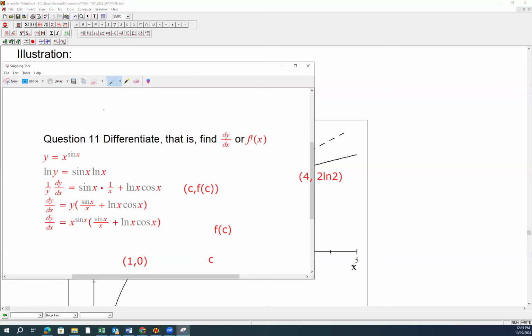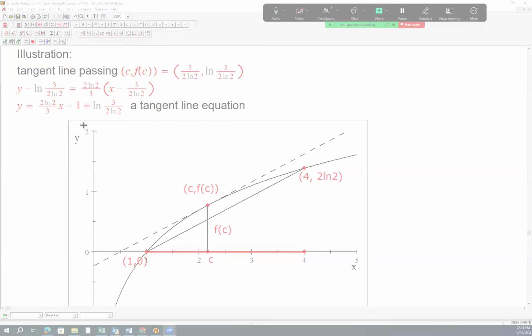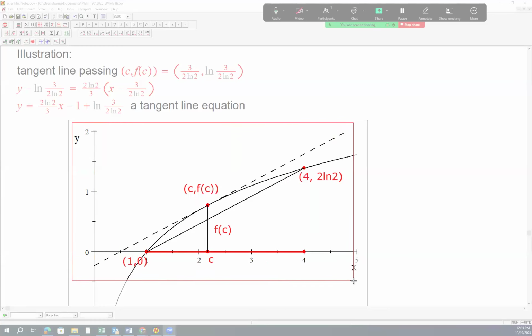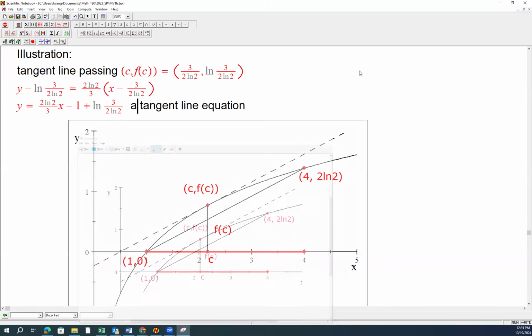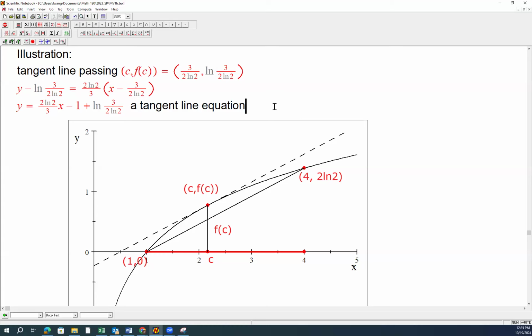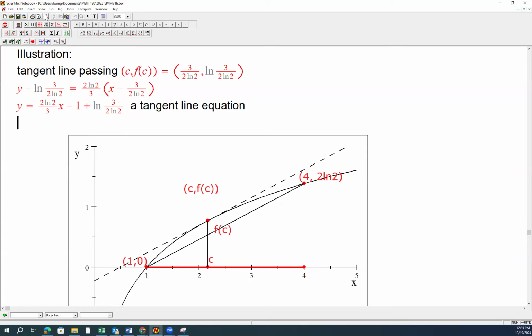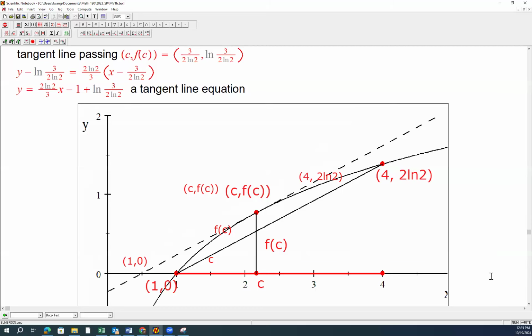You know what? I should do a screenshot of what we did here and put this in our picture, because otherwise it's going to disappear.